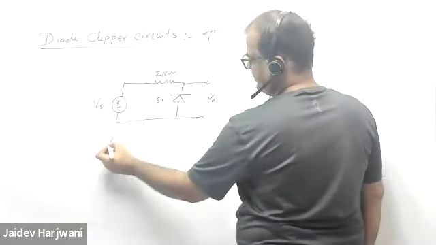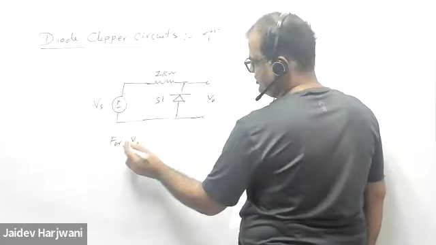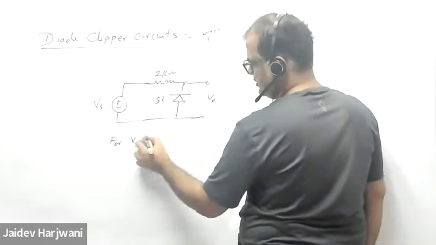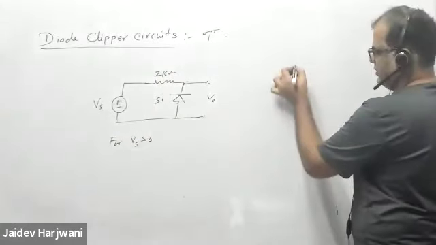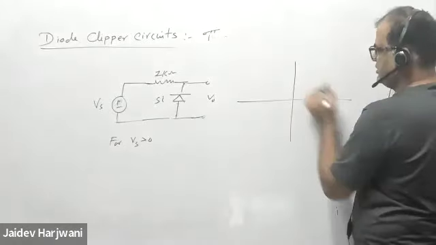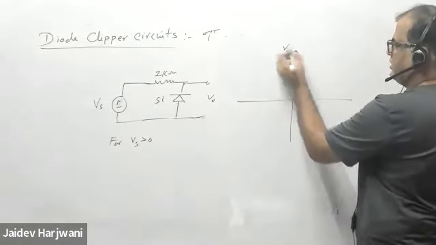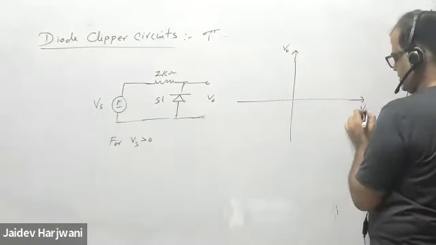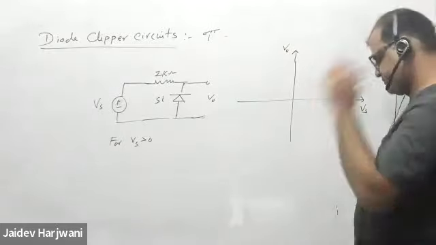When Vs is positive, this is V naught. Vs is positive, what will happen?